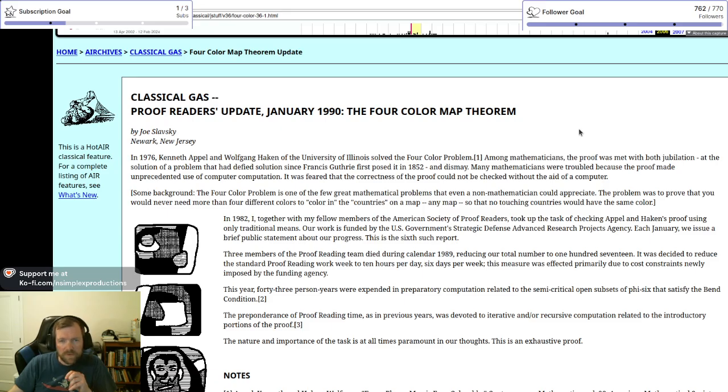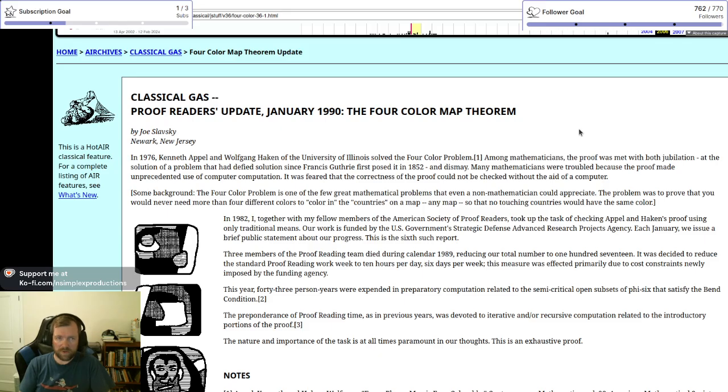The four-color theorem is one of the few great mathematical problems that even a non-mathematician would appreciate. So you're trying to color all of the regions on a particular map. Just pretend for a moment that they're real countries that are all laid out next to each other.